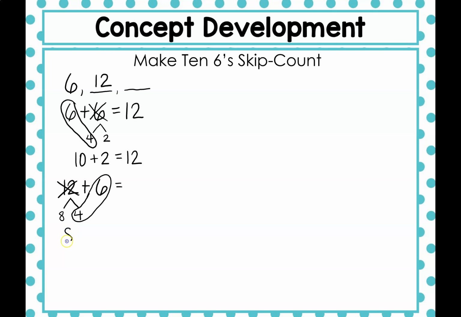My problem would become 8, and then remember that 6 and 4 becomes a 10. What is 8 plus 10? It's an easy problem to do. That's 18. So 12 plus 6 is 18. So that's the next number in our skip count. So we have 6, 12, 18. Okay. So let's move on to our next one here.